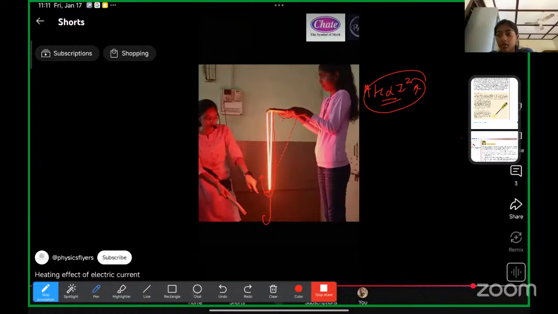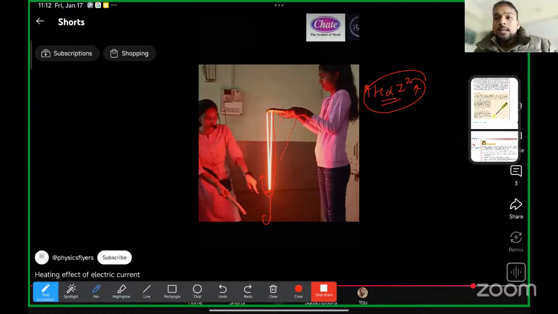So I and R are both the same value, but still I is more powerful because of I square. So if length is more, then resistance will be more, I will be less, and because of that, the heat is also less. Oh, okay, got it.